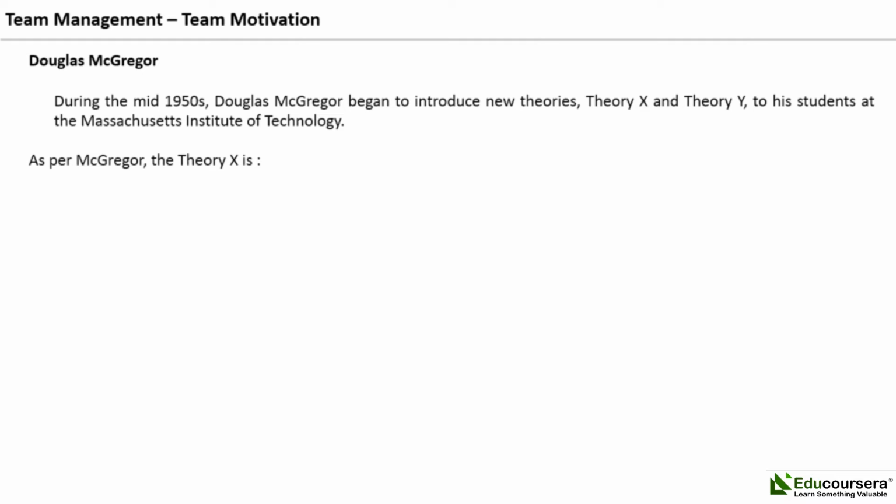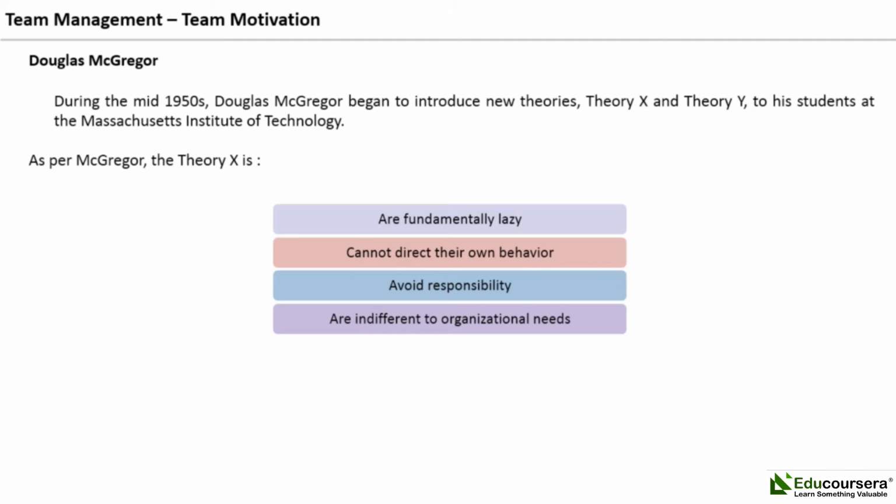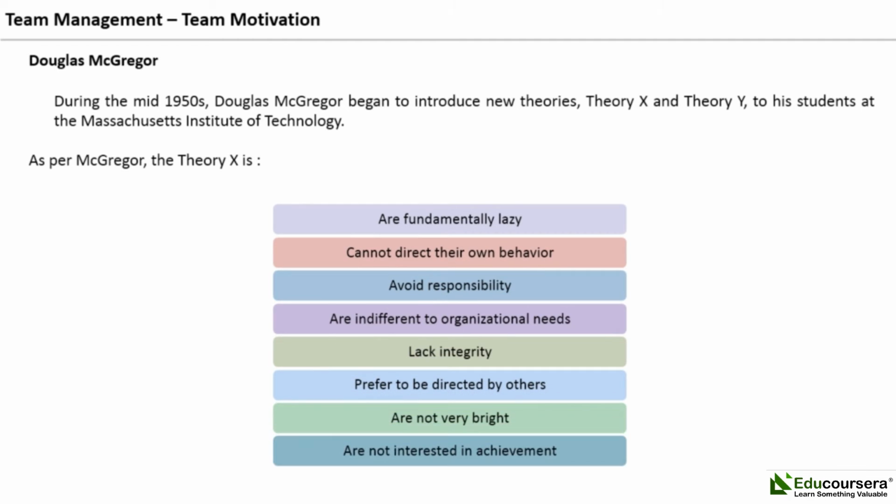Theory X: people are fundamentally lazy, cannot direct their own behaviour, avoid responsibility, are indifferent to organisational needs, lack integrity, prefer to be directed by others, are not very bright, are not interested in achievement.